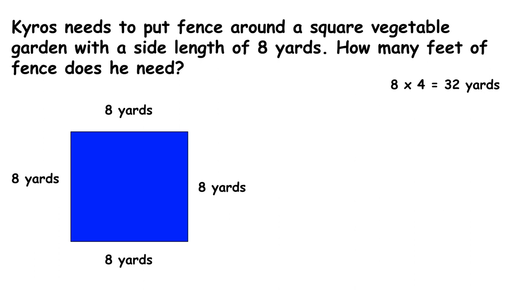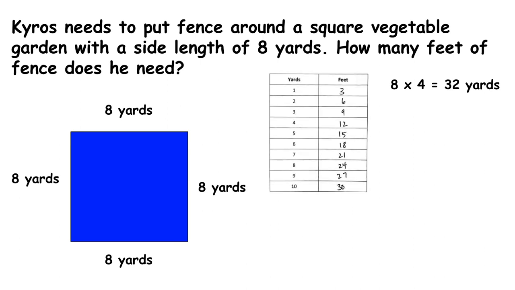But the question isn't asking me how many yards of fence I need. It's asking how many feet. So we could take a look at our conversion table and find 32 yards. Well, we can't find 32 yards, so what could we do?